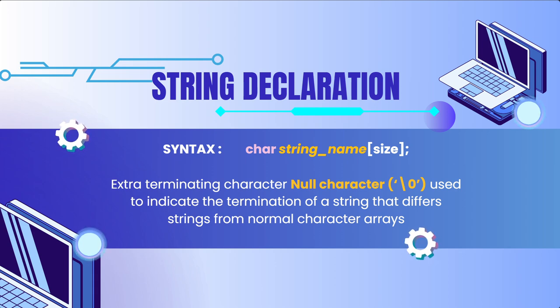An extra terminating null character, \0, is used to indicate the termination of a string, which differs strings from normal character arrays. So the null terminator \0 means the string has ended. It is a signification that tells us that a string has ended. Otherwise the compiler won't understand that.